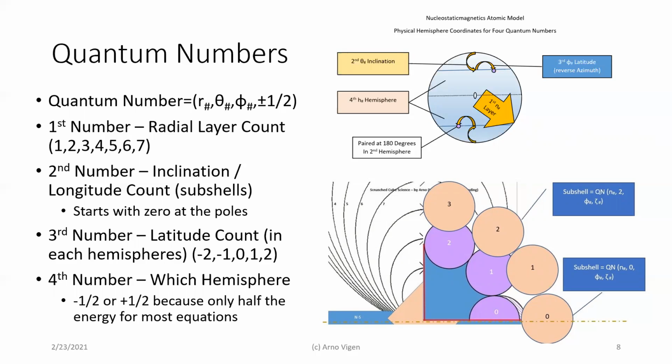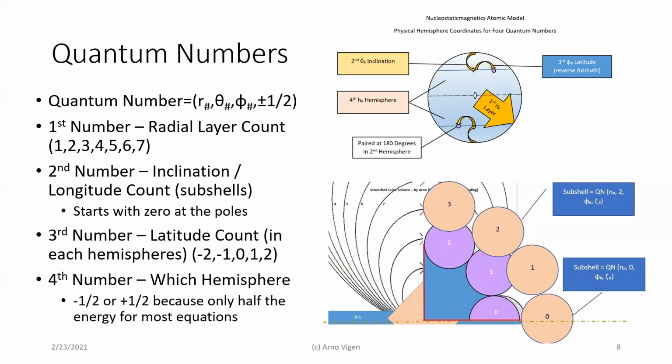Now the first 3 are counts of number of electrons or number of layers, okay? And so they are quantized, but the last number is not an integer. It is plus 1/2 or minus 1/2. And we use that because for certain math, we have to use only half of the energy because you're only looking at one hemisphere.